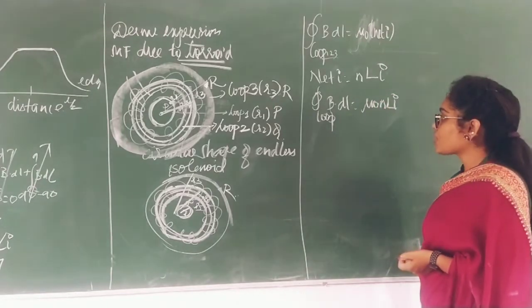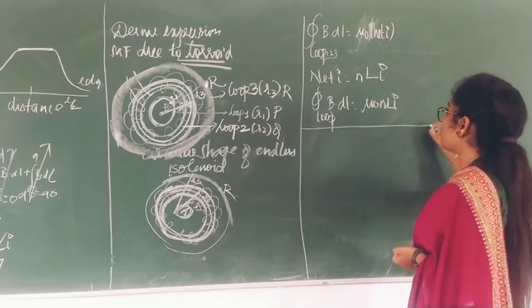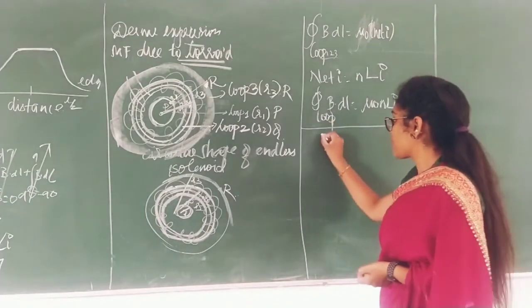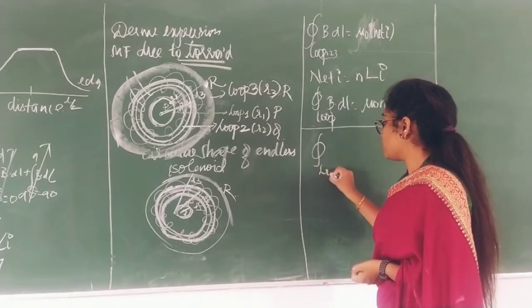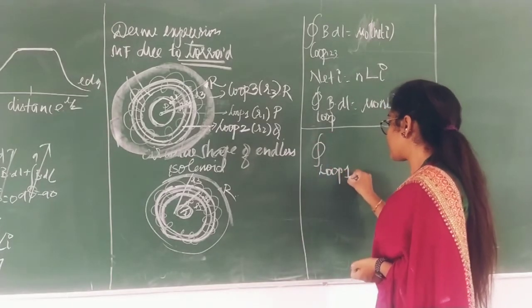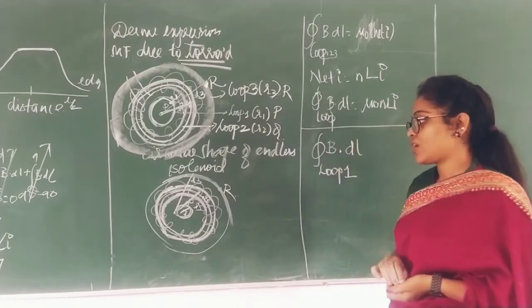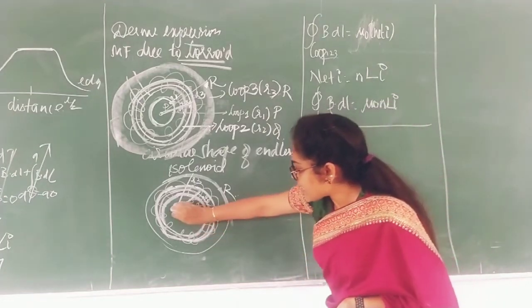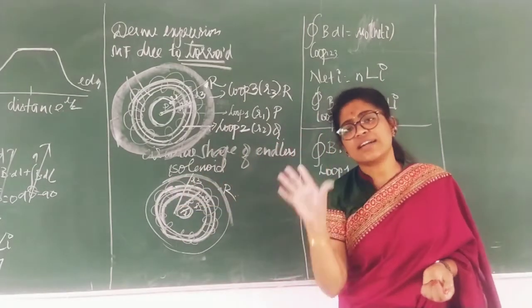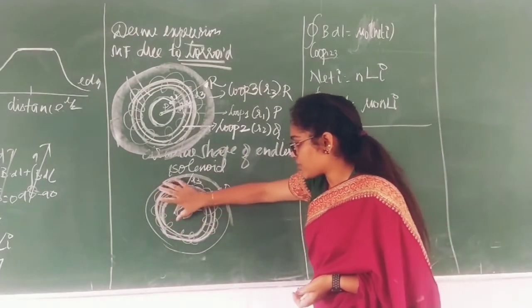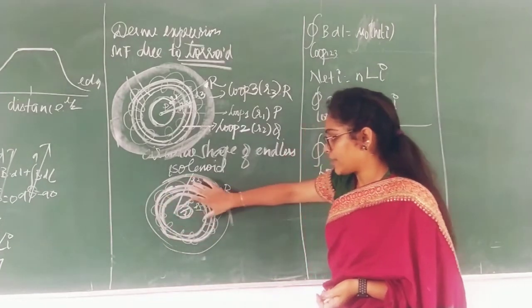Now I will consider all the loops individually. First, I will consider loop 1, B dot dl. You tell me, inside, is any current passing? Inside, this is the toroid.